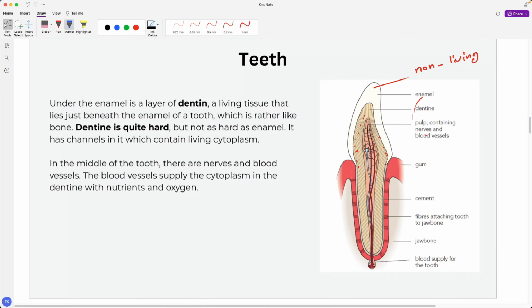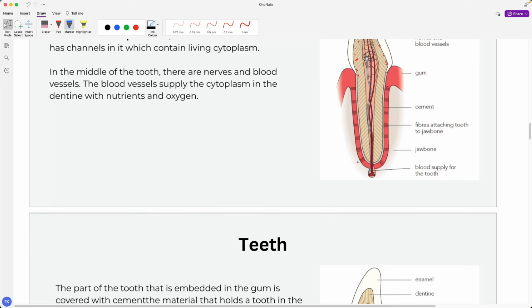Dentine is quite hard, but not as hard as enamel, right? It has channels which contain living cytoplasm. In the middle of the tooth, there is nerve tissue and there is blood. Because of this nerve, you can feel pain in your teeth. Without nerves, you cannot feel it.